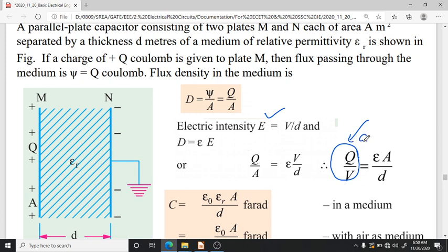So capacitance equals permittivity into A by d, where A is the area of the two parallel plates and d is the distance between the two parallel plates.